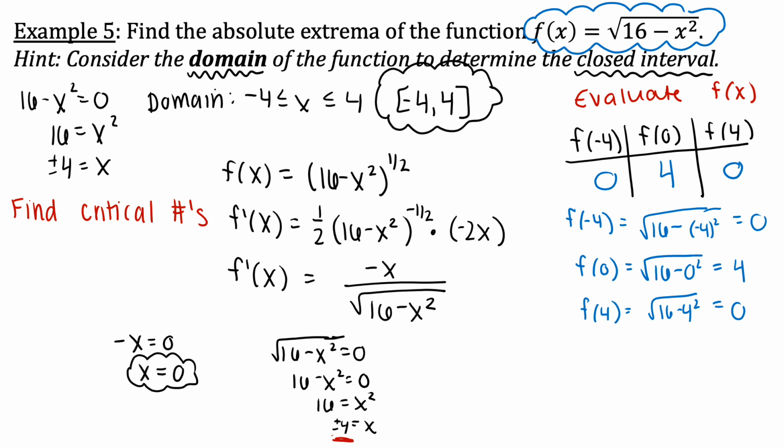This one's a little bit different because our maximum value happens at (0, 4), but our other 2 values are the same, so they're both going to be minimums.